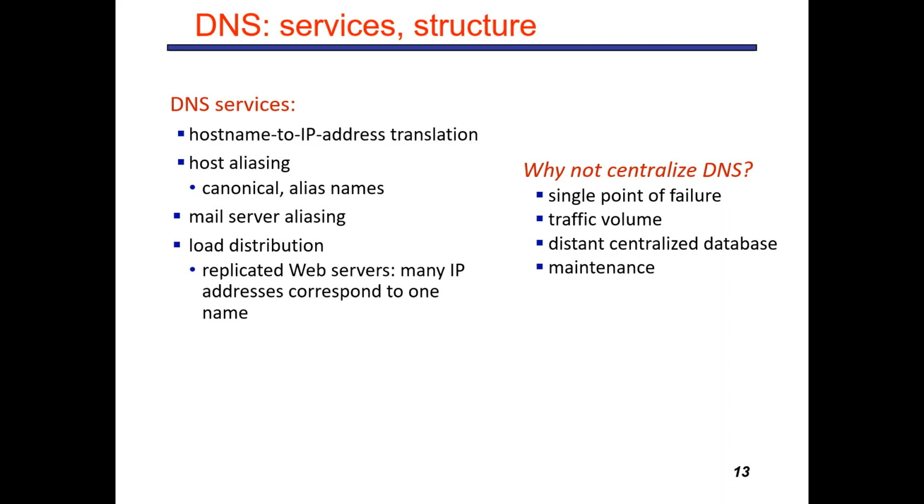The first IP address will be picked, and the request will be sent to that IP address. The next time you make this request, or some other user makes this request, the DNS protocol will randomize this list of IP addresses, and then some other IP address of a web server will be on top, and that will be picked to respond to the request. So in this way, the load on the web servers is distributed by using the DNS protocol.